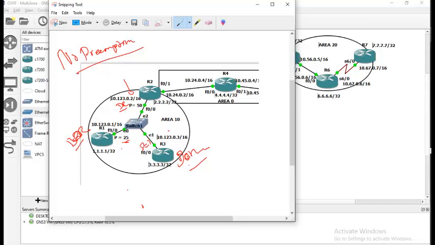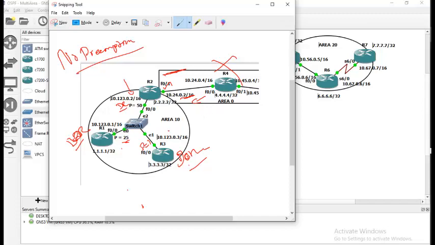This happened earlier. And then what happened? In this direction, this was not configured at that time, but this interface was configured with OSPF. So in this direction, no one was competing.